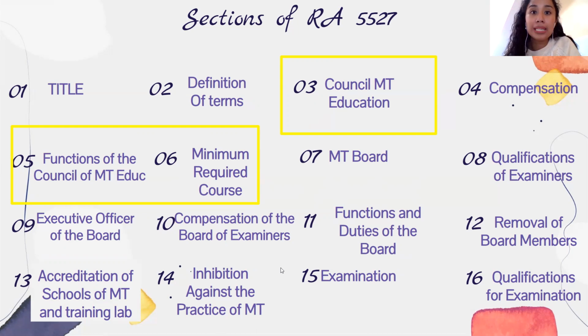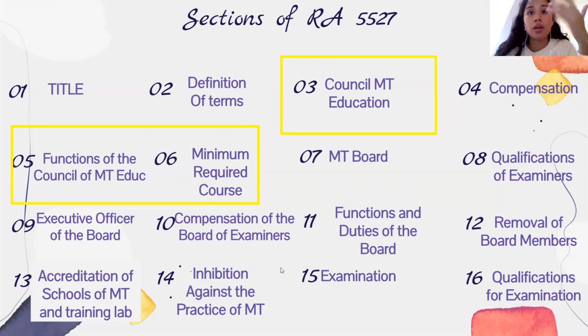So, ma'am, what is the connection of CHED here? CHED now is in charge of the implementation of the different programs in higher education. They are the ones who set the policies and standards set by your Council of Medical Technology Education. So, the minimum required course is in Section 6.